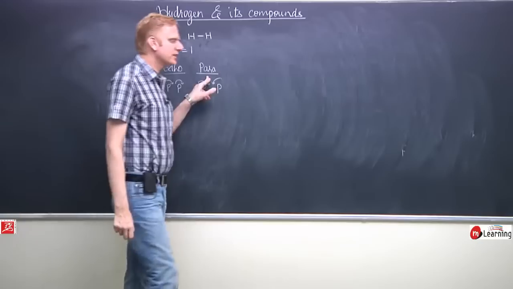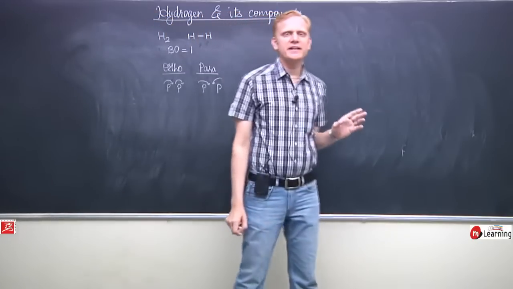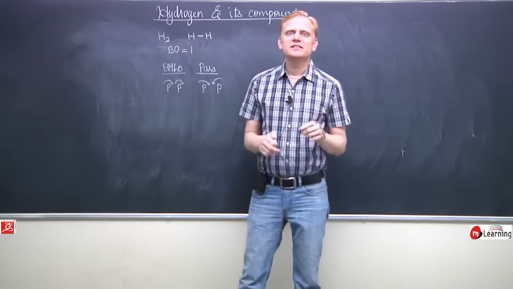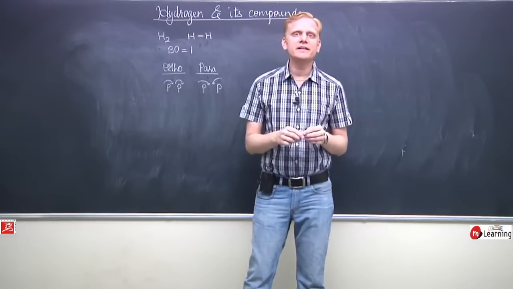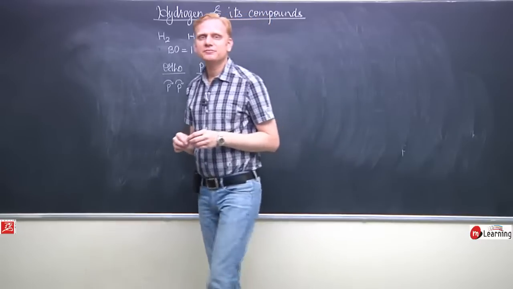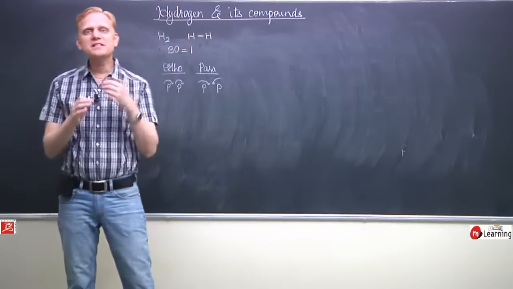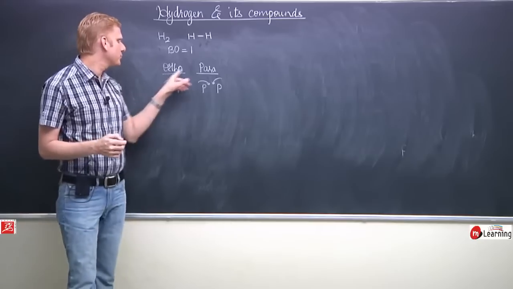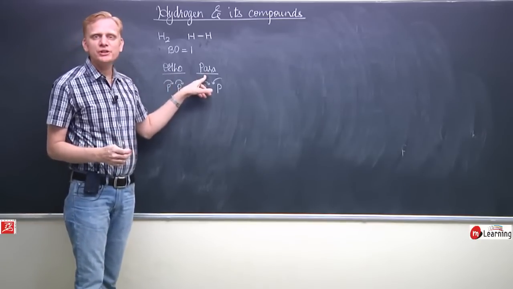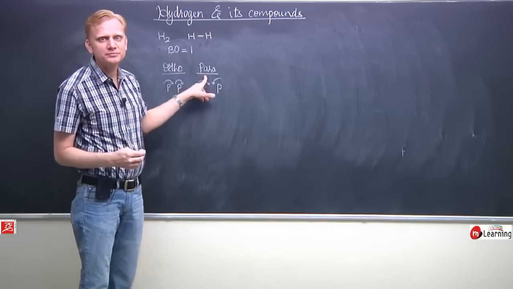Ortho and parahydrogen differ in their thermal conductivities. They also differ in their specific heat. So the difference of specific heat and thermal conductivity distinguishes the 2 forms of molecular hydrogen, ortho and para.